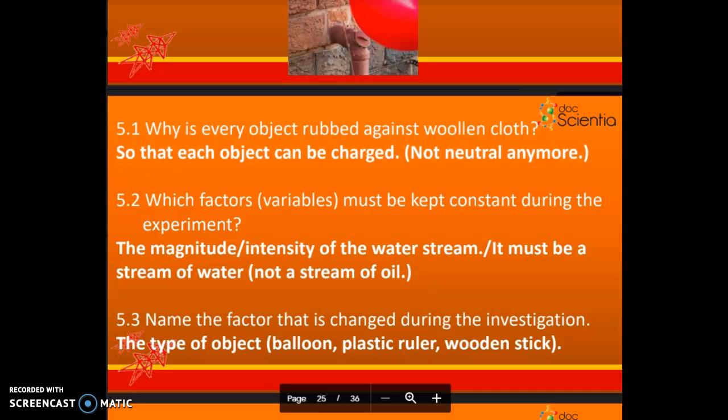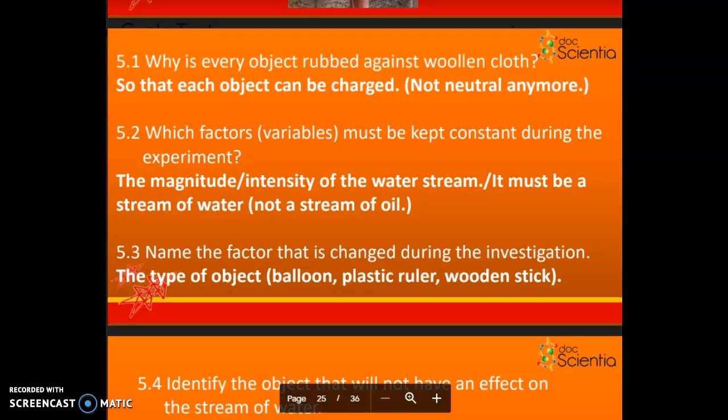Why is every object rubbed against the woolen cloth? And that is how he charges the object, so it is not neutral anymore. 5.2. Which factors must be kept constant during the experiment? The water stream must stay constant.